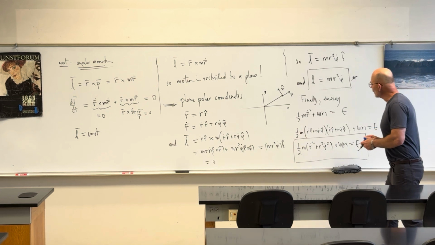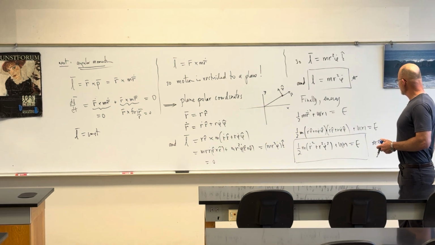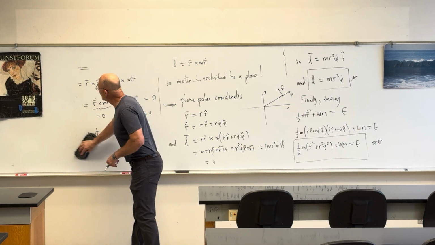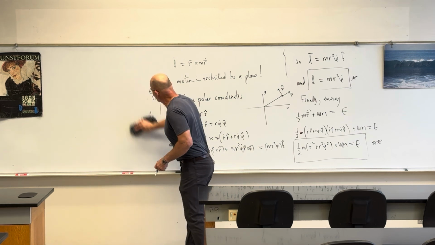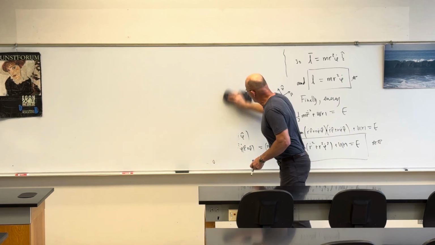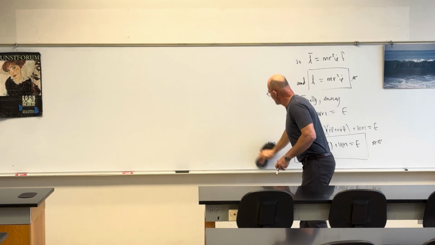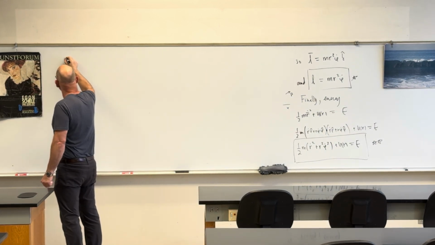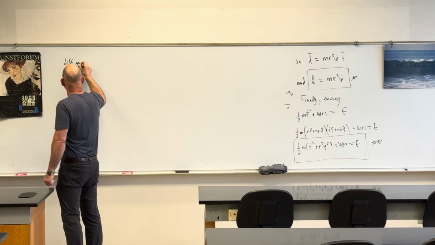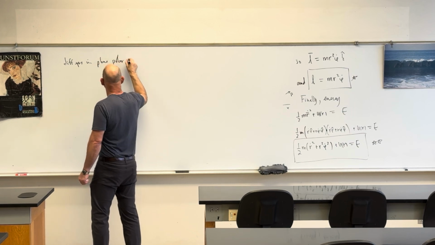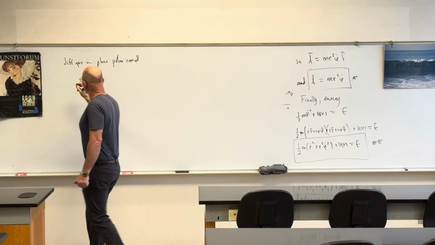Let's go back to our original differential equations, see if we can remember what they were. Okay, good, so there's a result. Hold on to it. We'll do this all several times. So the differential equations in plane polar coordinates, what were they again?